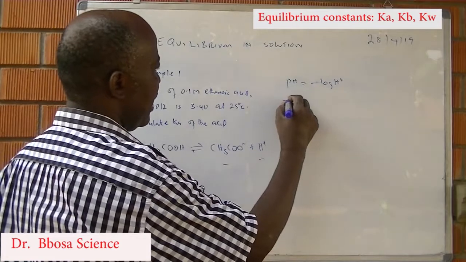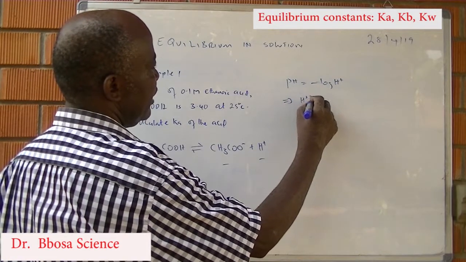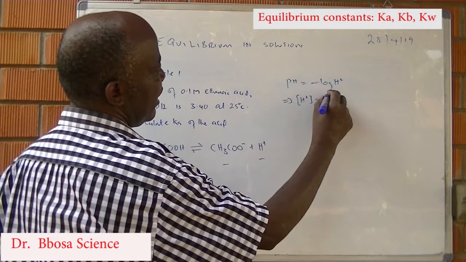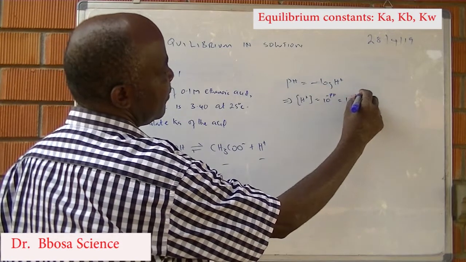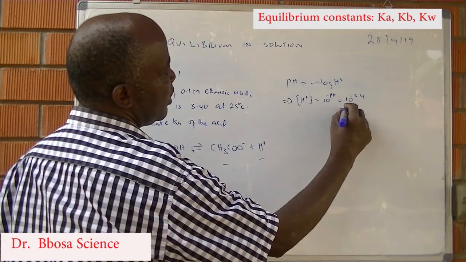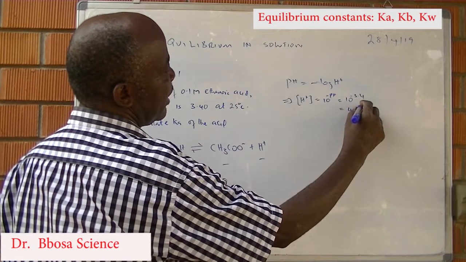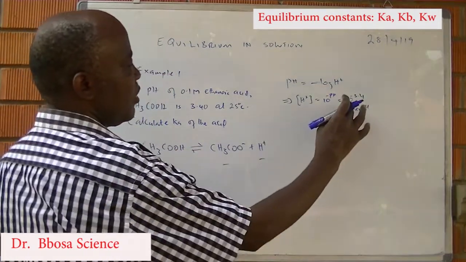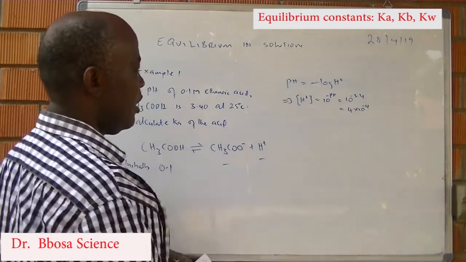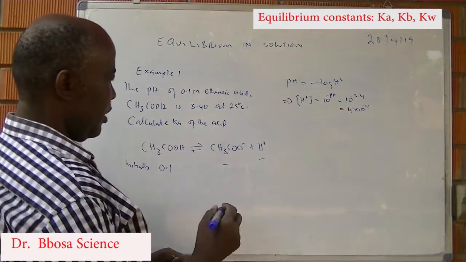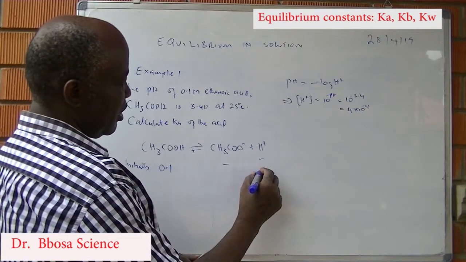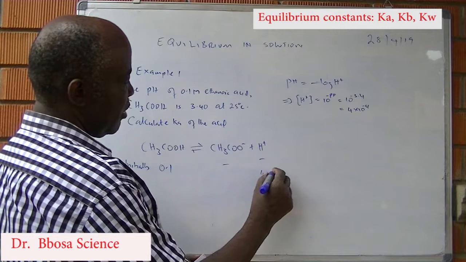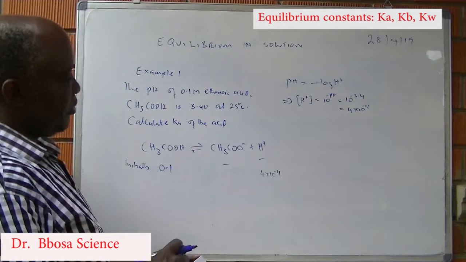It implies that hydrogen ions is equal to 10 to the power negative pH is equal to 10 to the power negative 3.4, which is equal to 4 times 10 to the power negative 4. We antilog this value, we get 4 times 10 to the power negative 4. It means that at equilibrium, hydrogen ion concentration is equal to 4 times 10 to the power negative 4.